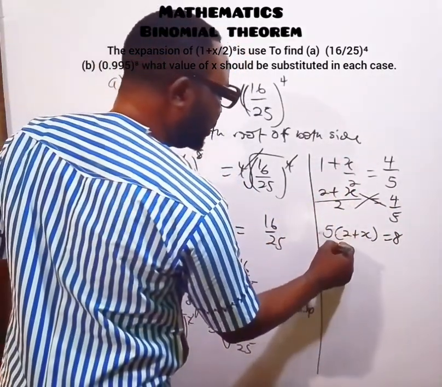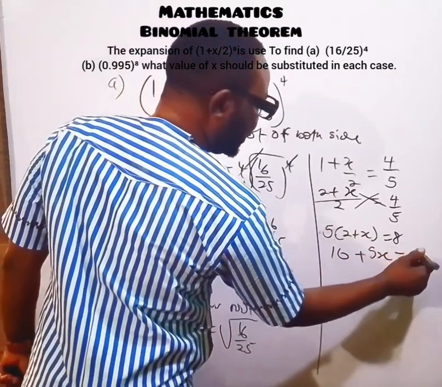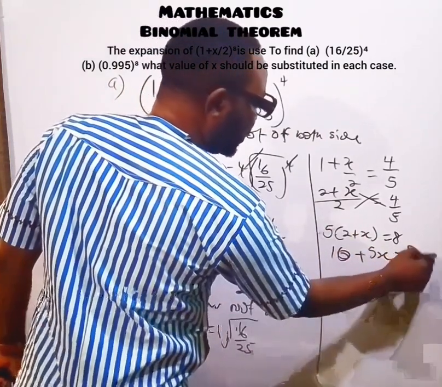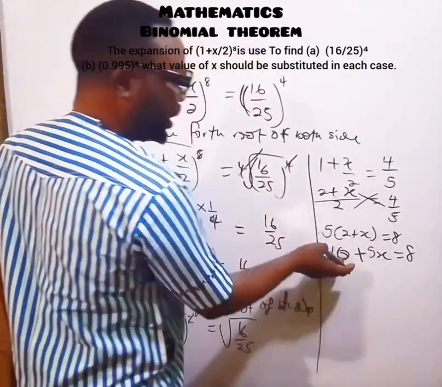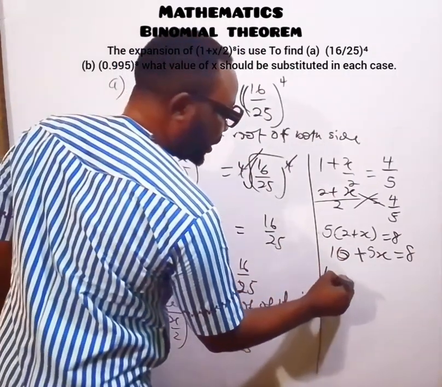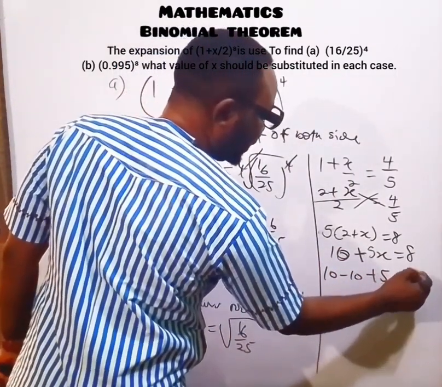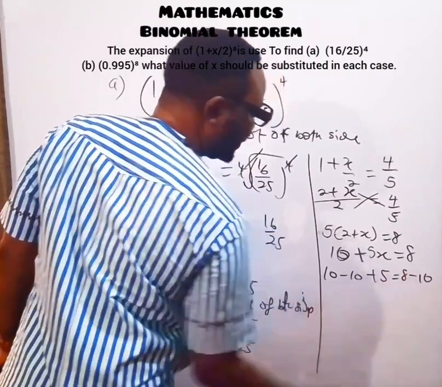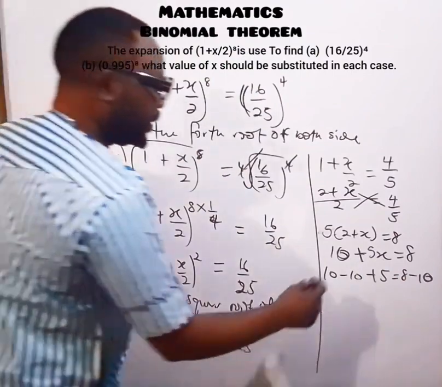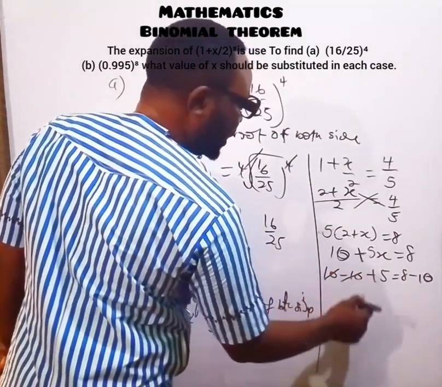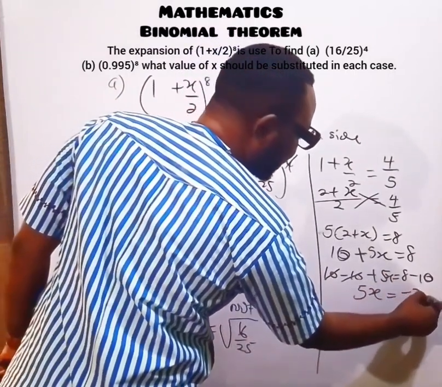So this becomes 10 plus 5 times x, 5x, is equal to 8. We can now say subtract 10 from both sides. So we have 10 minus 10 plus 5x is equal to 8 minus 10. 10 minus 10, they cancel each other, we're having 5x remaining here. 5x is equal to minus 2.